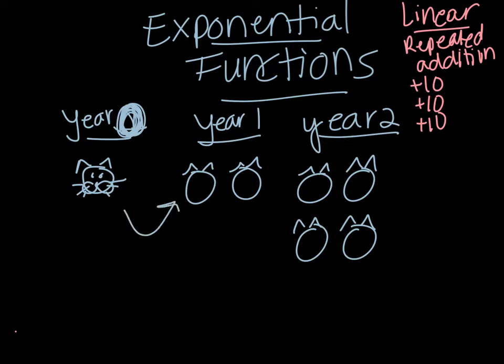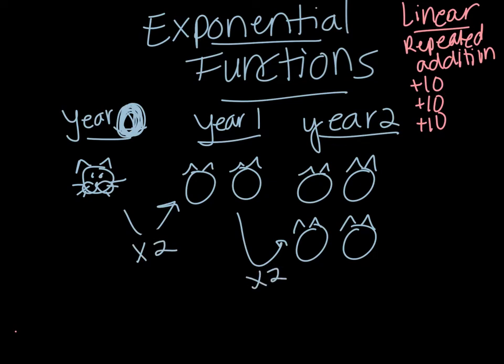I don't have a linear function because from year 0 to year 1, I gained 1 cat, and from year 1 to year 2, I gained 2 cats. That's not linear. That's not following a constant rate of change, right? Those are 2 different numbers. So that doesn't fall under the linear category. What I'm doing actually is I'm doubling the amount of cats I have each year.